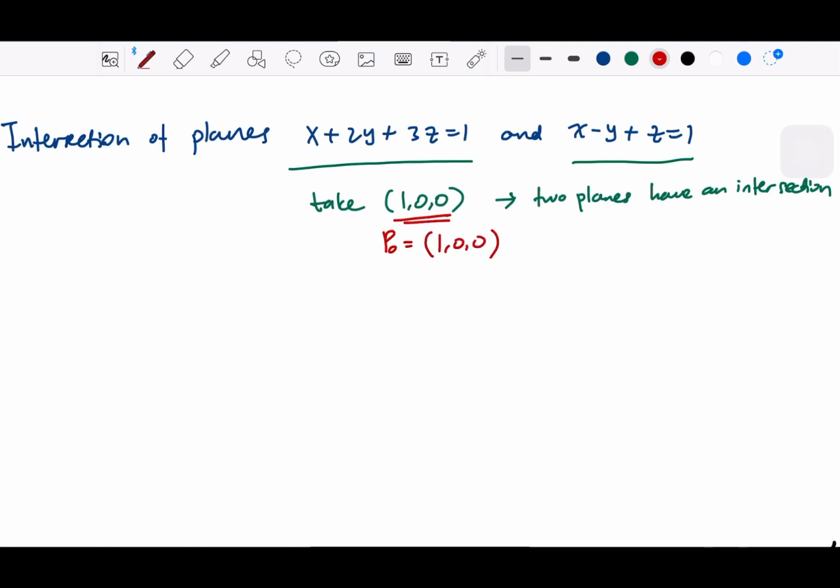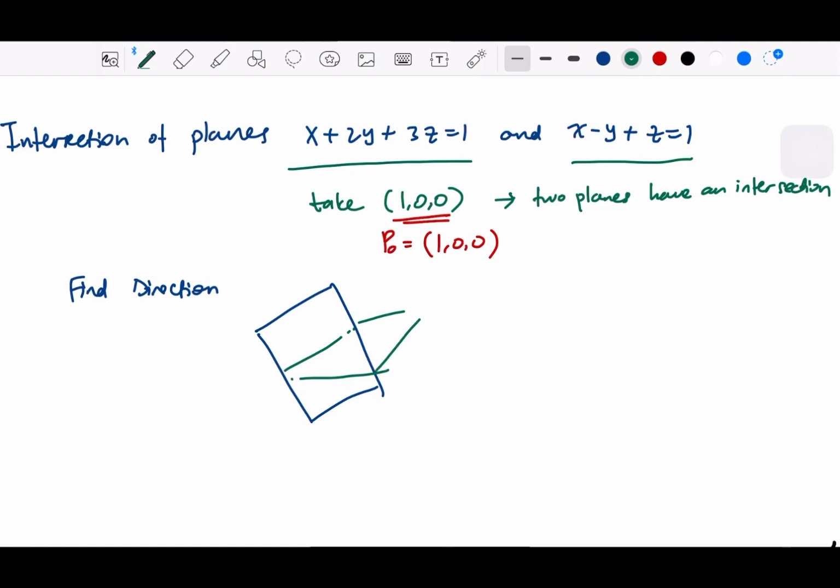Now we need to know the directions. Again, the process is we need to find which way this vector is headed. So imagine that we have two planes like this, intersecting at that point.